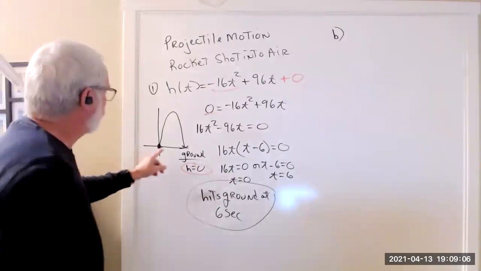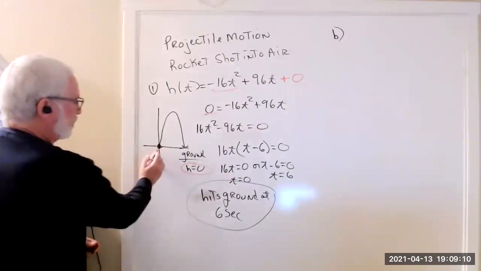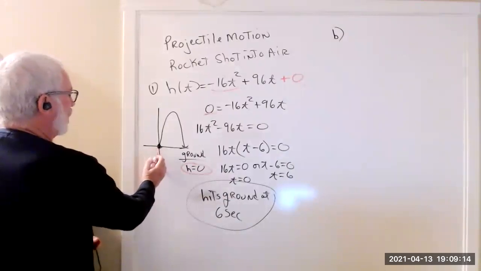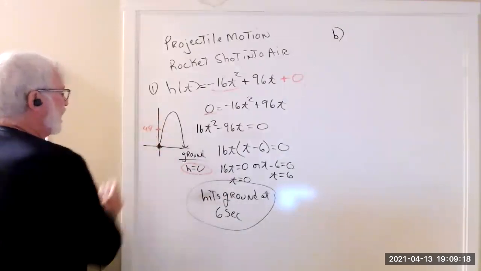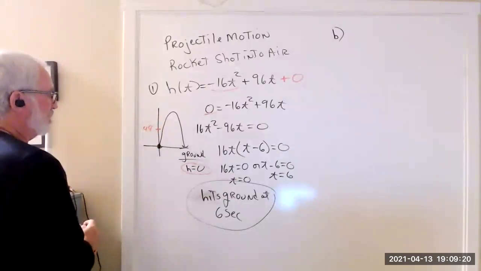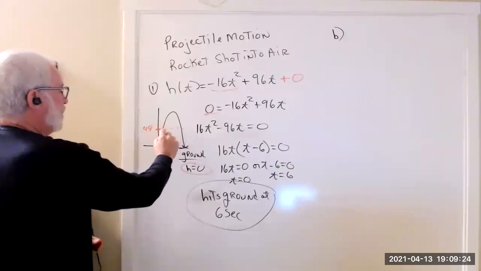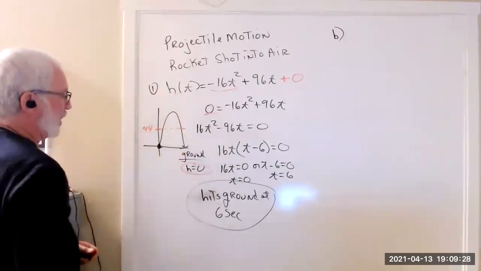Okay, so think about this. The rocket starts on the ground or whatever this is, goes up. At some time, it's 48 feet. It's 48 feet on the way up, and then it hits 48 feet on the way down.